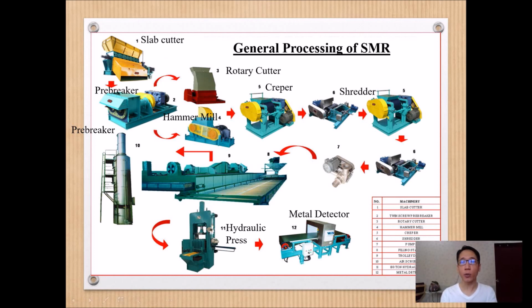Finally, we go to packaging. So basically, in industry, this is the general processing of standard Malaysian rubber. This is the standard operation in Malaysia. If you go to our neighboring country, for example Thailand, they also adopt this type of processing, but they might use different equipment. But the purpose of this SMR processing is similar, which is to reduce the size of your rubber crumbs, clean up, dry, and finally produce a rubber bale.